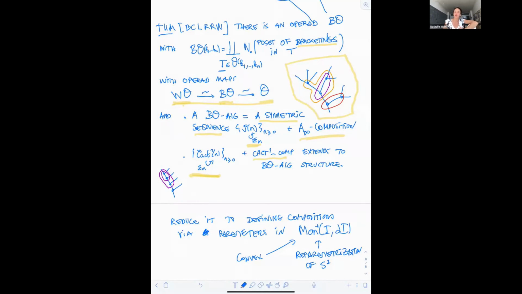You can strictify such a thing to an actual dendroidal space. But then in the end you don't get something which is better than just taking the old cactus operad to begin with. Yeah, no, sure. So it's theoretically amusing, maybe, that you can bring this, but is this really useful? I don't know.